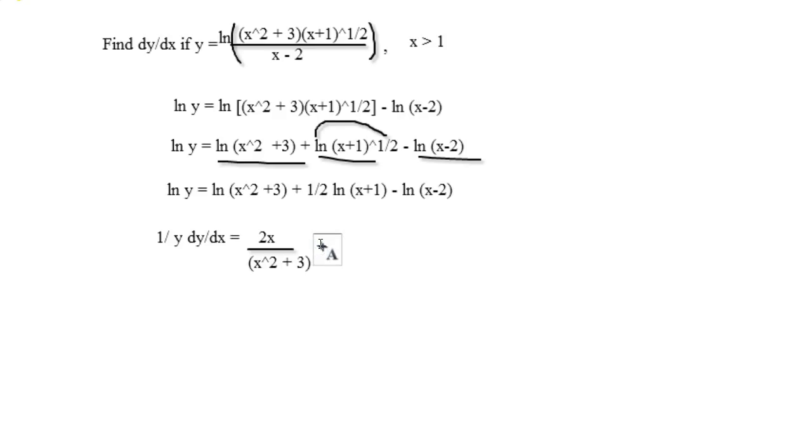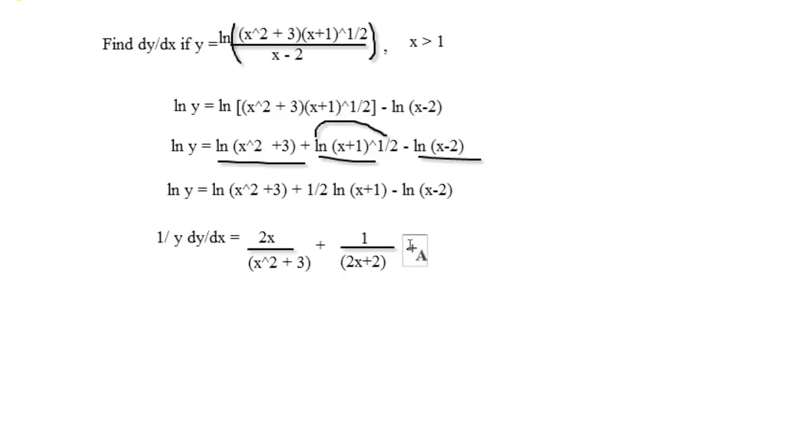And then it's going to be plus, and it's just going to be a 1 on top because the derivative is just going to be 1. And then on the bottom we're going to have 2 times, well, we can go ahead and distribute it, so that would be 2x plus 2. And that would be in parentheses. I just like to keep things in parentheses, just so it makes the job a lot easier.